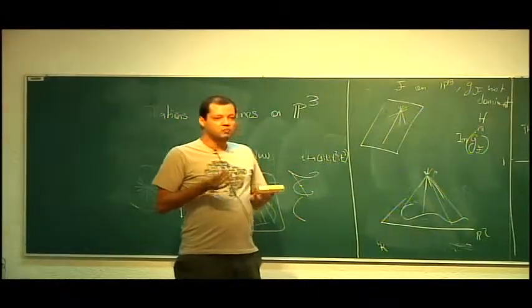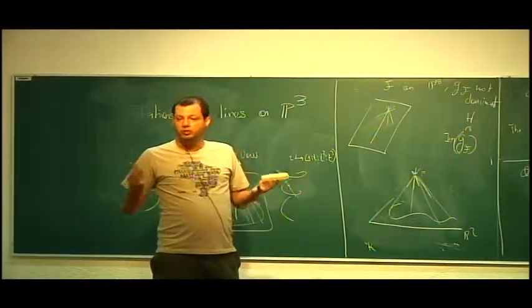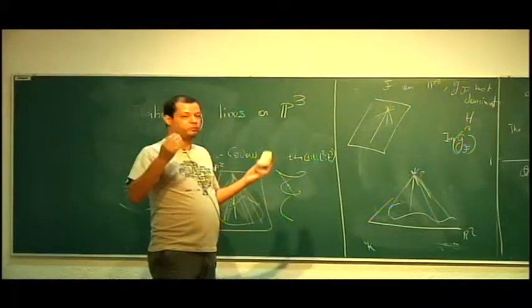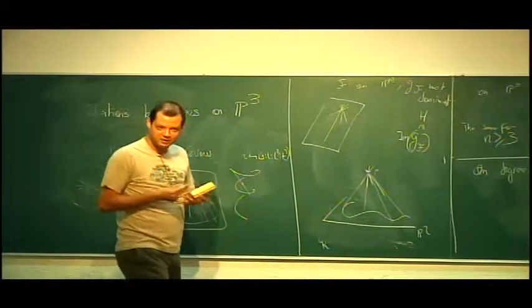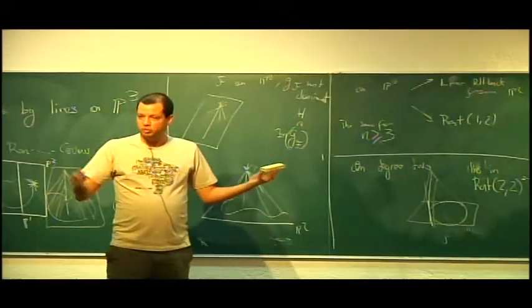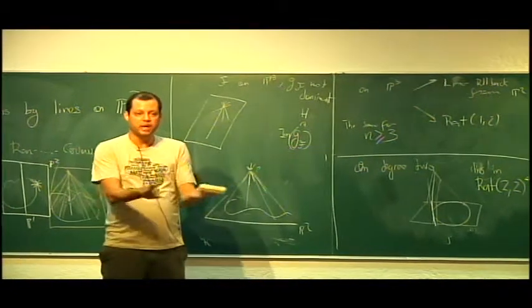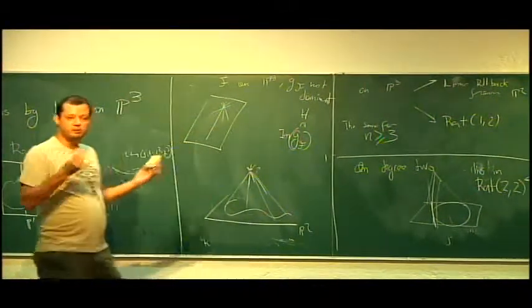If you want to see these objects as generalizations or cousins of varieties, it's natural to understand what we have at the bottom, the things that should be simpler than the other ones.